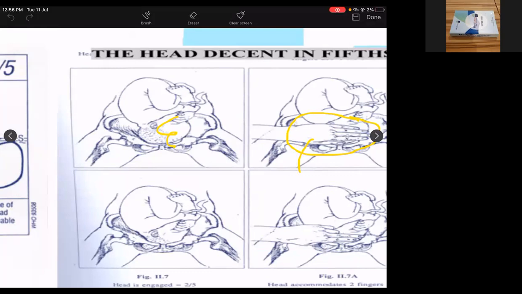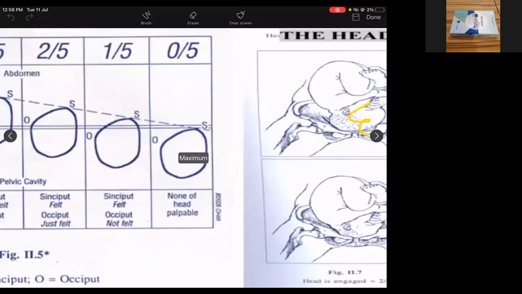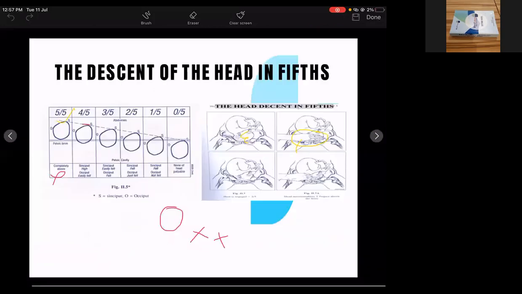So when you cannot feel the head at all per abdomen, then you say the descent is 0/5. That means the head has completely gone down into the pelvic cavity. Is it clear? Yes, it's clear. Thank you very much.